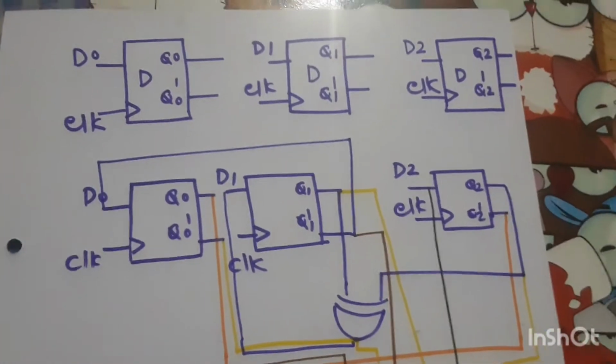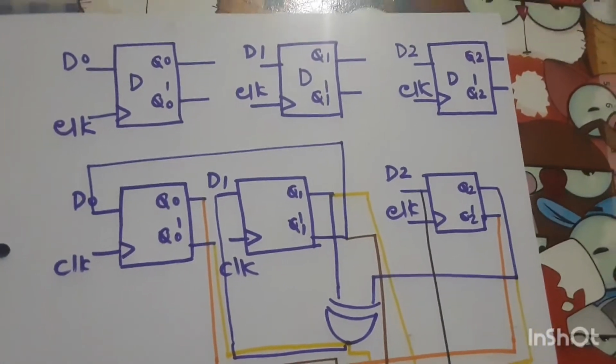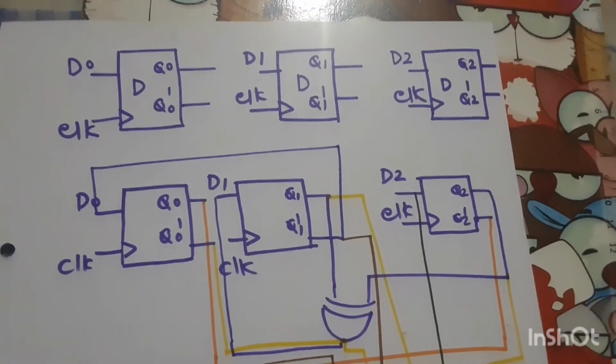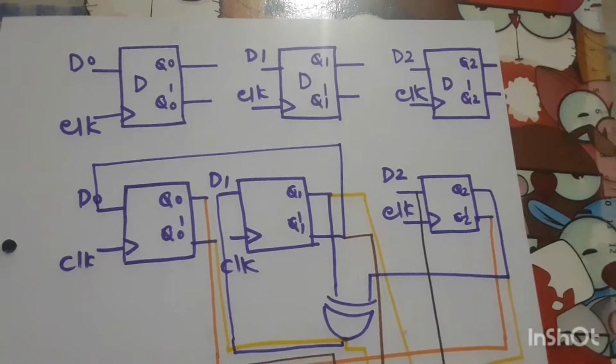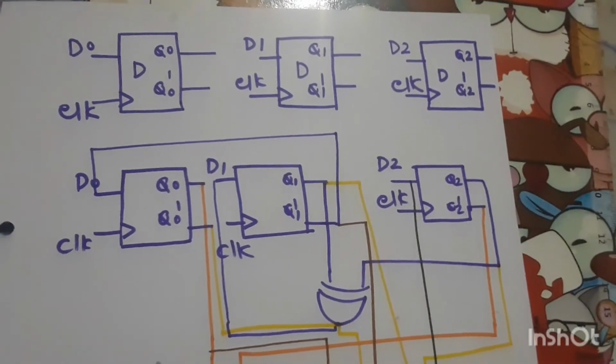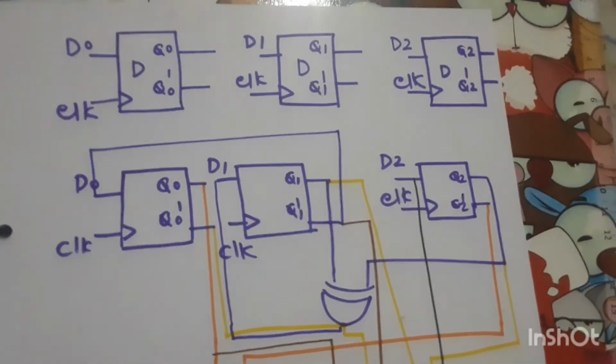Now we have to draw the logic diagram. So how to draw it? Now you can see there are 3 flip-flops. Clock is input to all the 3 flip-flops. Input to the first flip-flop is D0, input to the second flip-flop is D1, and input to the third flip-flop is D2.